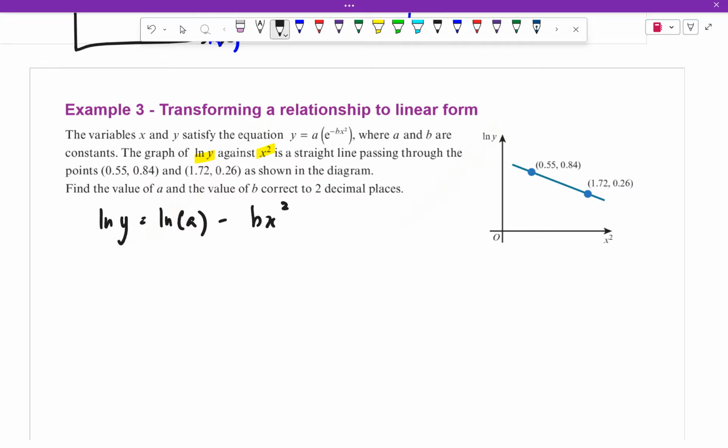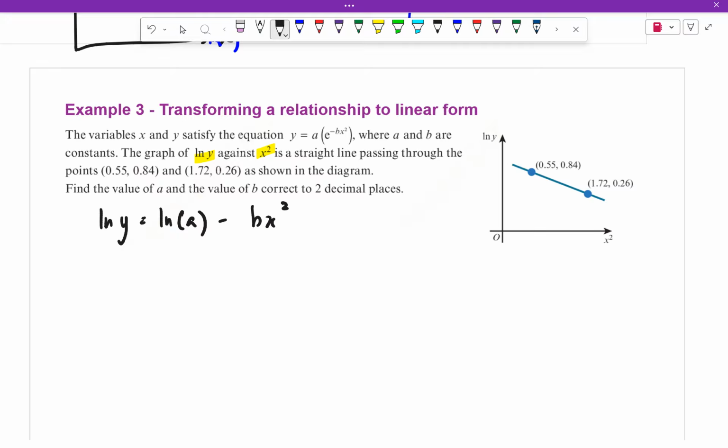Alright, that's 2 decimal places or 2 significant figures. Then we have solved the gradient, so that means negative b equals negative 0.5, which means b equals 0.5. Be careful of the sign.